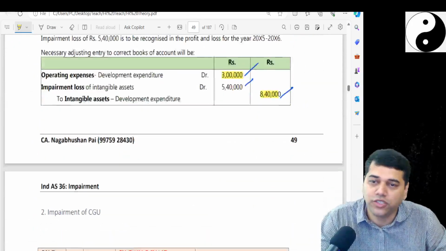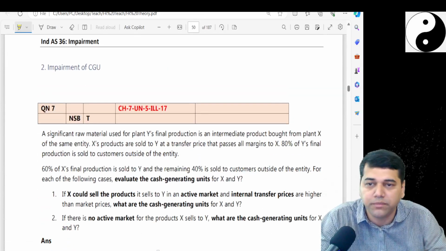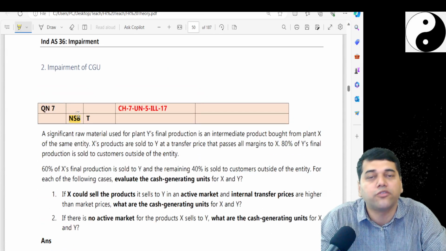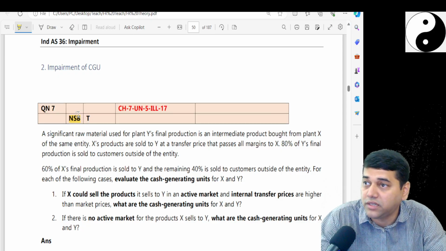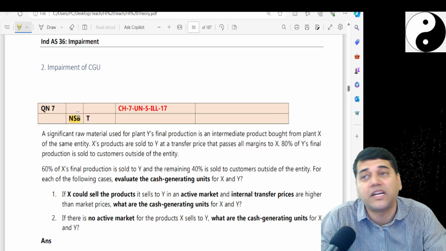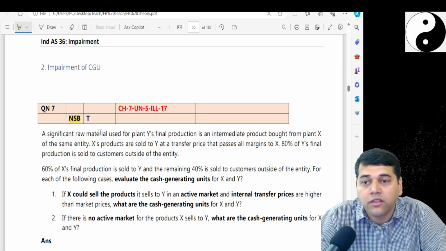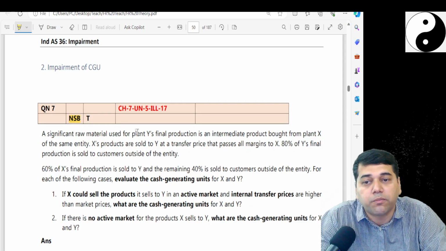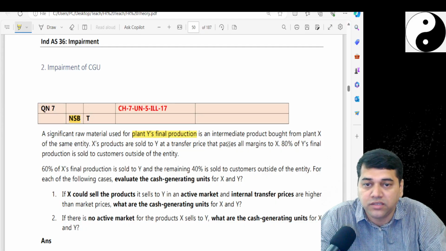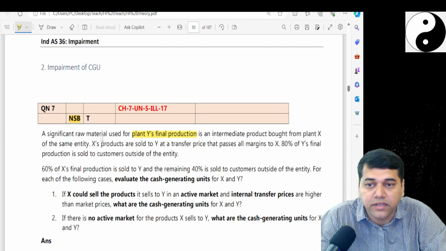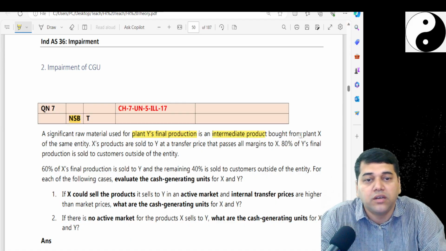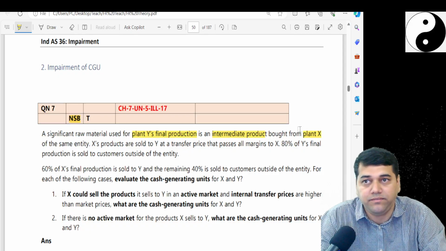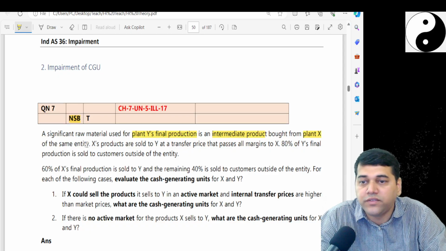Yes, so the next question is on the identification of CGU. Again, this is also added in your new syllabus now as a new illustration, even though it was previously there in RTP, MTP. A significant raw material used for plant Y's final production is an intermediate product bought from plant X of the same entity.